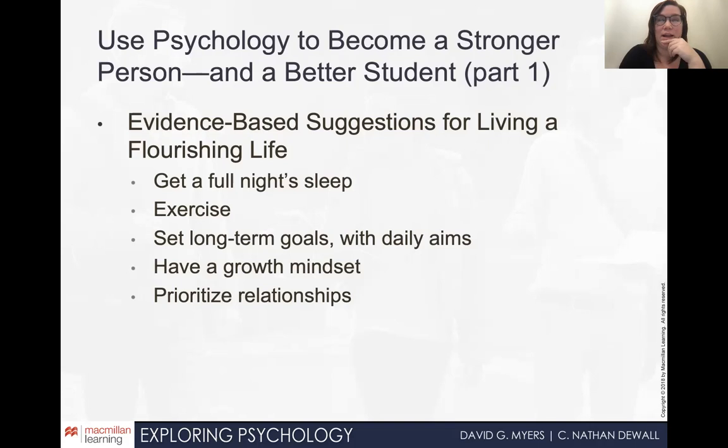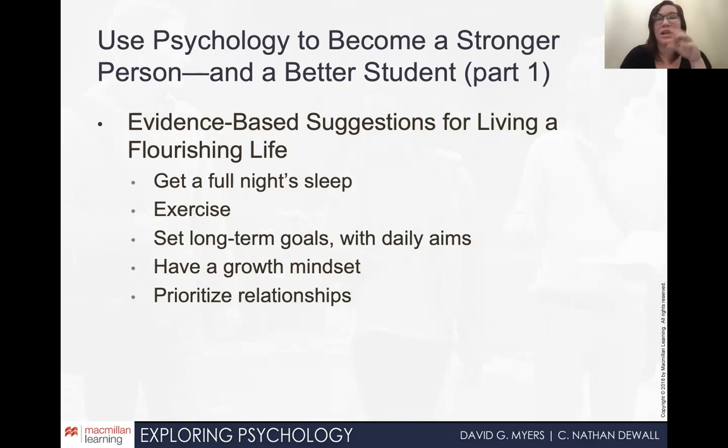And if you are not getting a full night's sleep, it can really impact your cognitive abilities. It impacts your weight, your circadian rhythm, which is your natural sleep cycle. It impacts your heart health. There's so many things. And I believe one of the articles we're going to be going over in class is a sleep article to show you how important it is to get a full night's sleep.